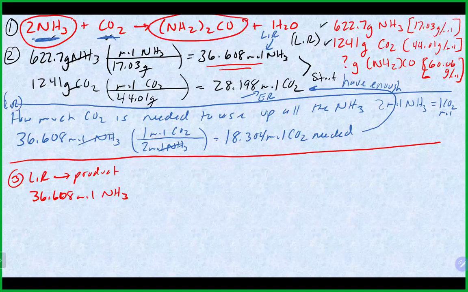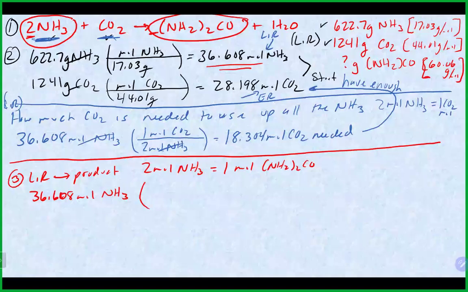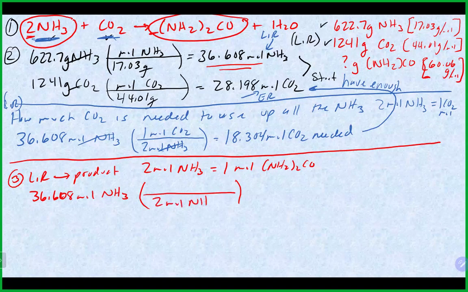And we see from the equation, for every 2 moles of NH3, we get 1 mole of our product here. And again, that is just the coefficients in the balanced equation. So using that as a conversion factor, for every 2 moles of NH3, we get 1 mole of our product.